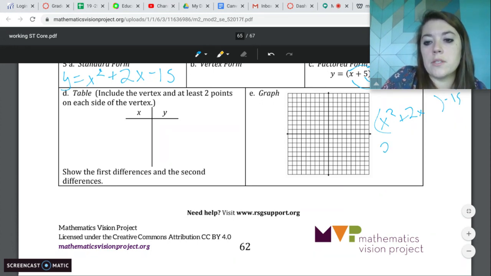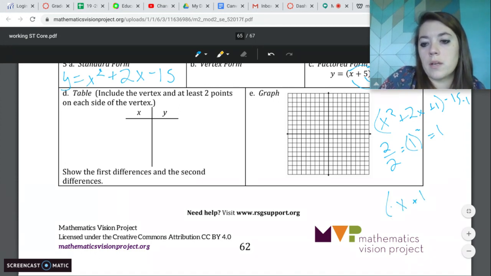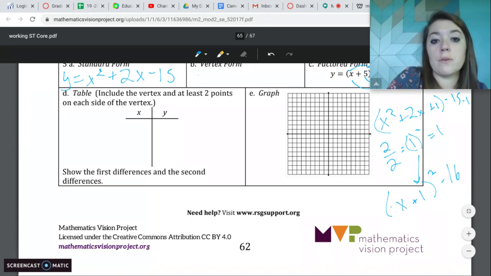And then we're going to take our middle term, so our b term, divide it by 2, so we get 1. 1 squared is still 1, so we put that there. We put minus 1 out here. Then we're going to have x plus 1 squared, because this one comes from there down to there. And then negative 15 minus 1 will give us negative 16. So our vertex form, sorry, not factored form, our vertex form is y equals x plus 1 squared minus 16.